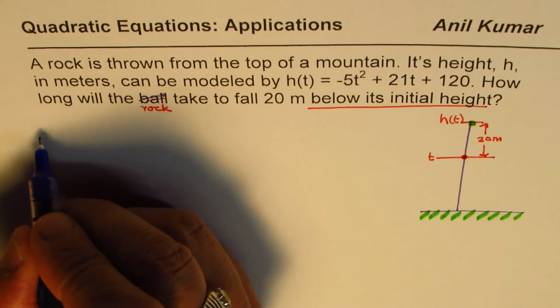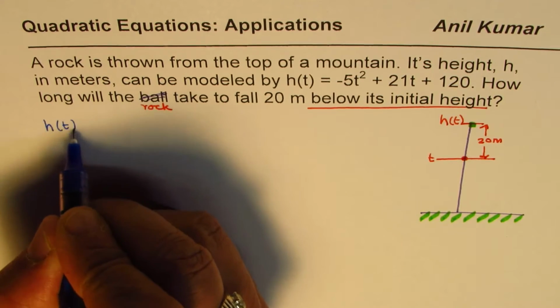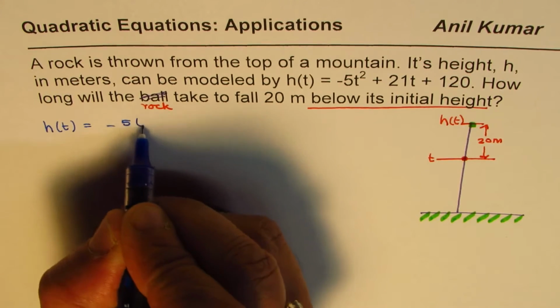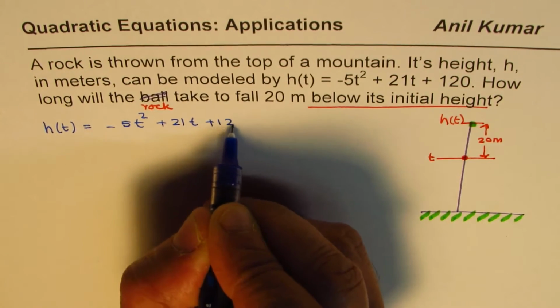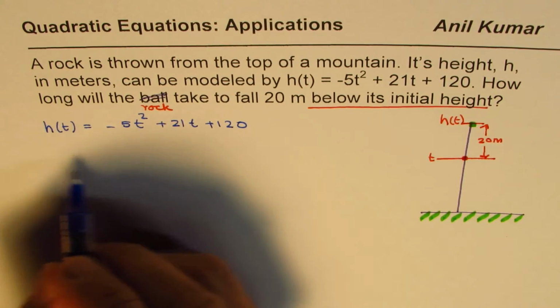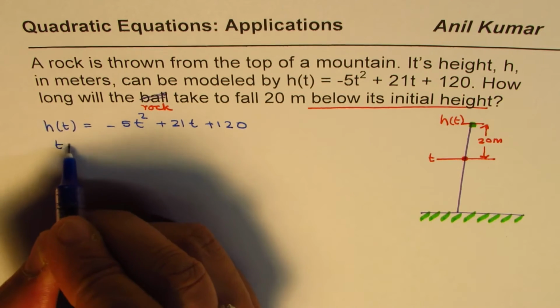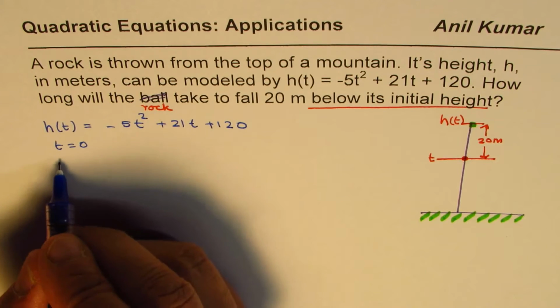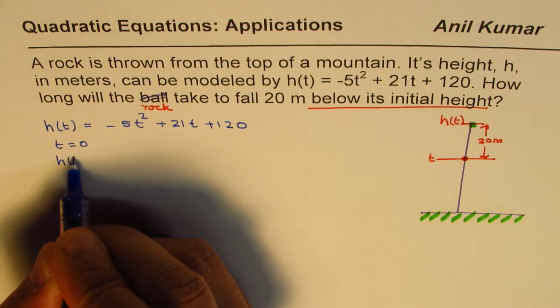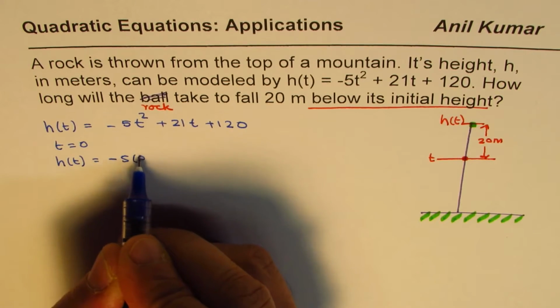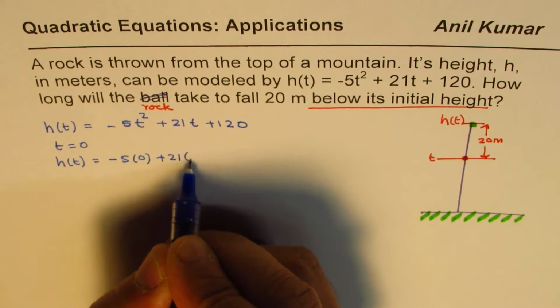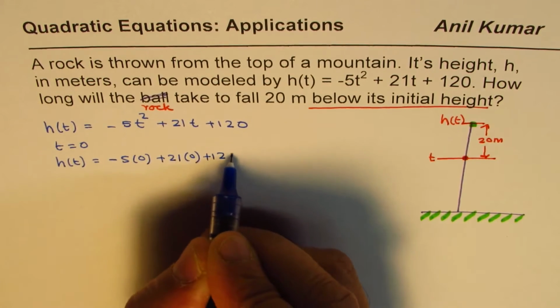So we are given the equation h of t equals minus 5t square plus 21t plus 120. Now if t equals 0, what is height? H of t is equal to, we'll substitute 0 here, minus 5 times 0 plus 21 times 0 plus 120.